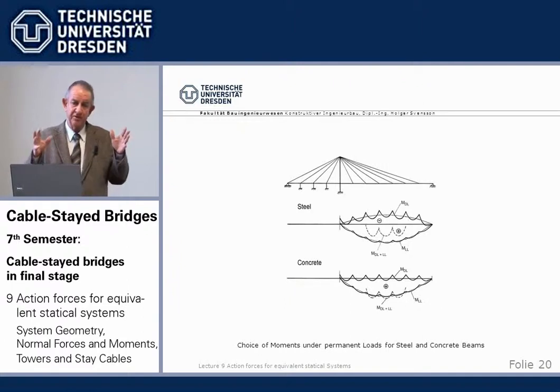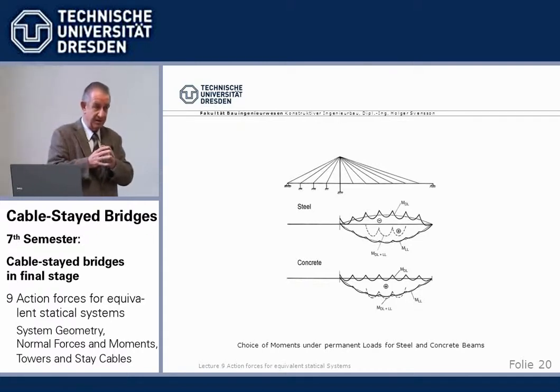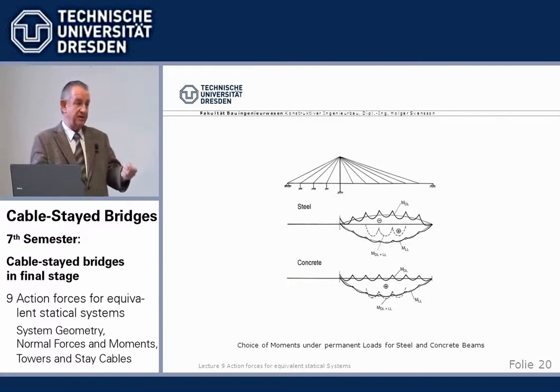Now, the third approximation system, equivalent system, although it sounds strange now, is the beam on rigid foundation. For permanent loads, we assume that the beam is rigidly supported at the cable anchor points.